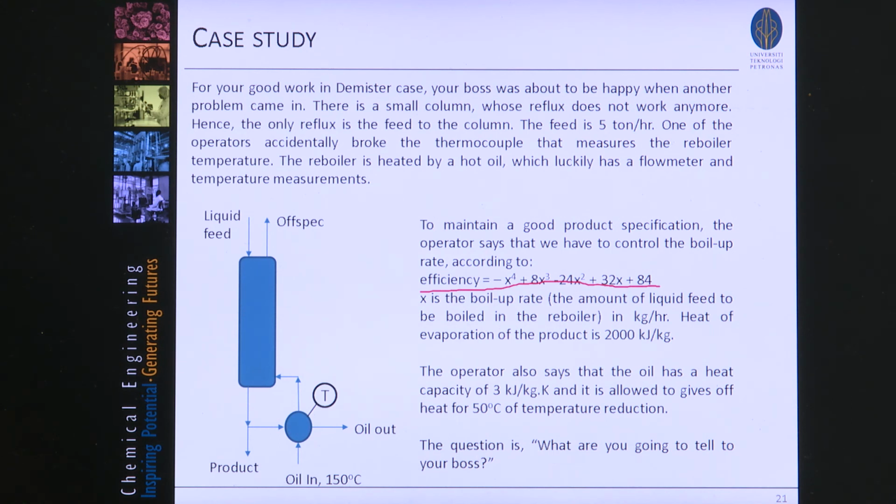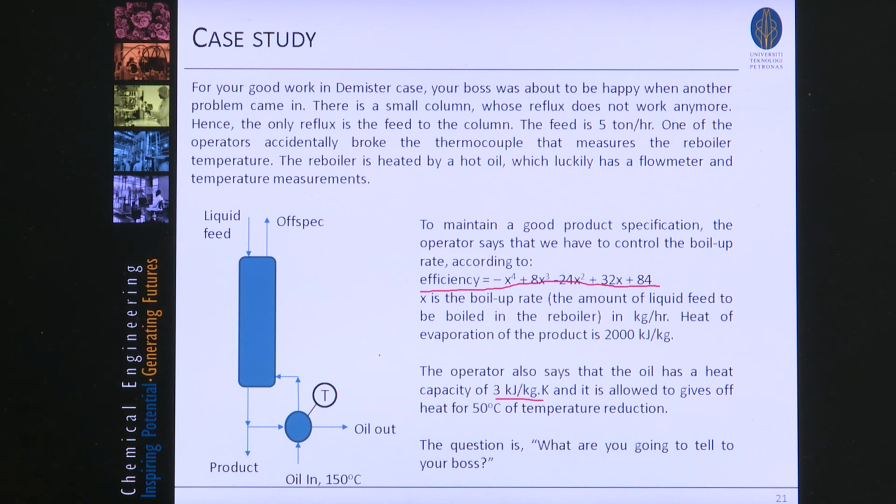The heat of evaporation of the product is 2000 kilojoule per kilogram. We have this product, and some part of it we boil up, and to boil it we need 2000 kilojoule per kilogram. The operator also says the oil has a capacity of 3 kilojoule per kilogram Kelvin, and the delta T here is only allowed to be 50 degrees C, so 150 degrees C and 100 degrees C over here.